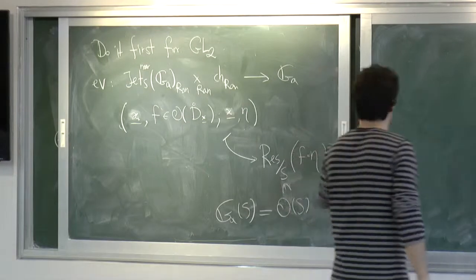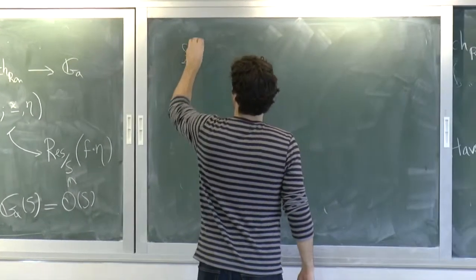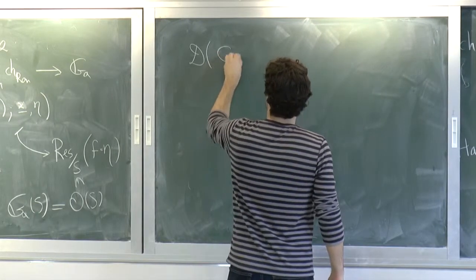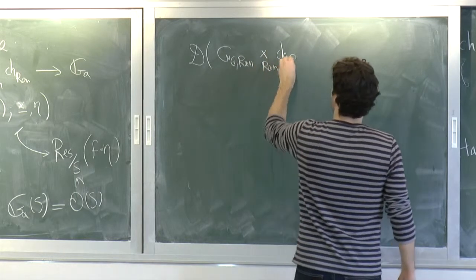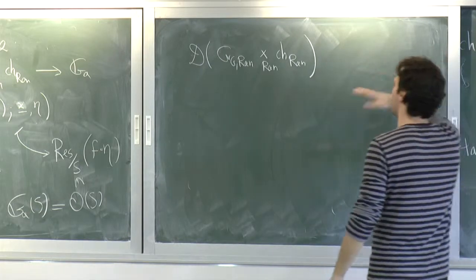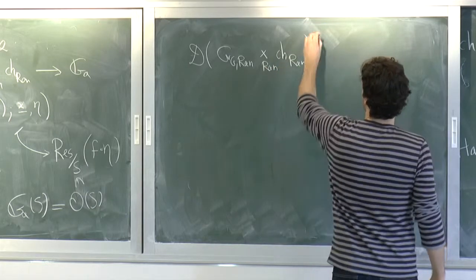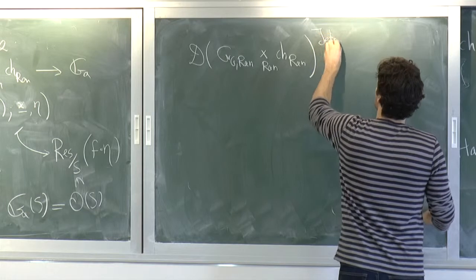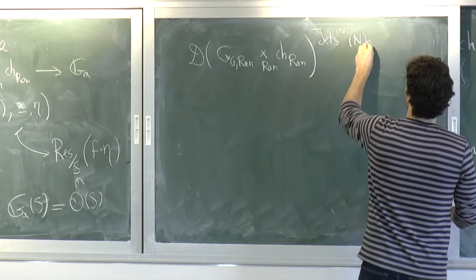Let's take D-modules on the Grassmannian, Gr_Ran times Ran, or Ch Ran. That's okay to define, everything is of infinite type, or at least on any power of the curve. And now let's take equivariance with respect to meromorphic jets of N over the Ran space.